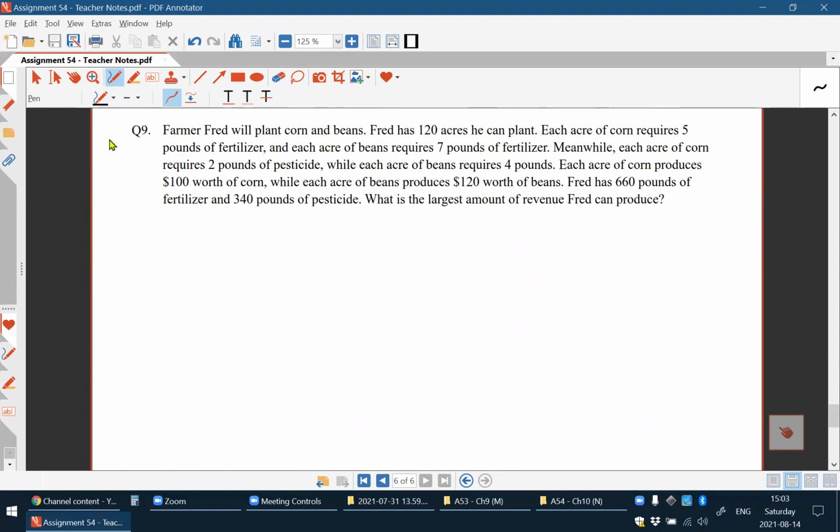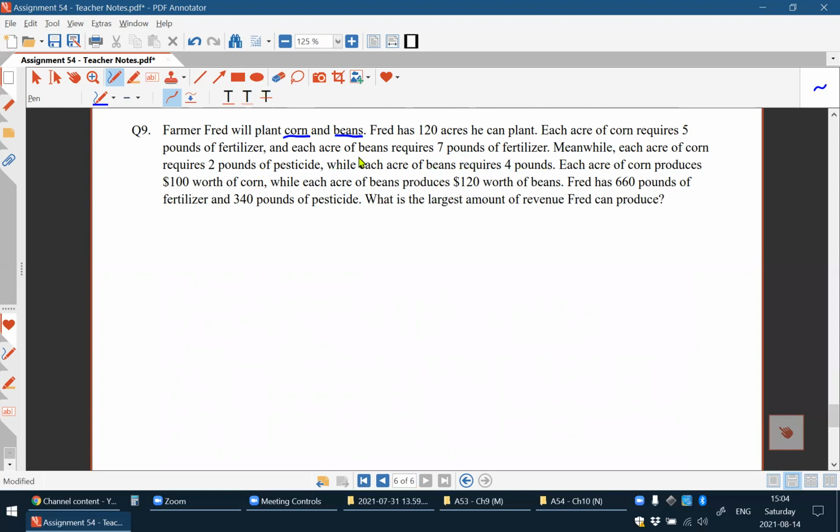Okay, let's read the questions together. Farmer Fred will plant corn and beans. Okay, so basically it tells you that this person can plant 2 types of crops, right? Fred has 120 acres he can plant. Each acre of corn requires 5 pounds of fertilizer, and each acre of beans requires 7 pounds of fertilizer.